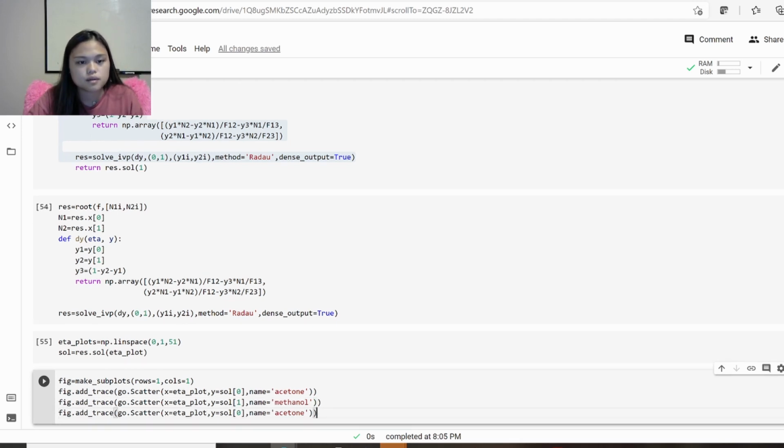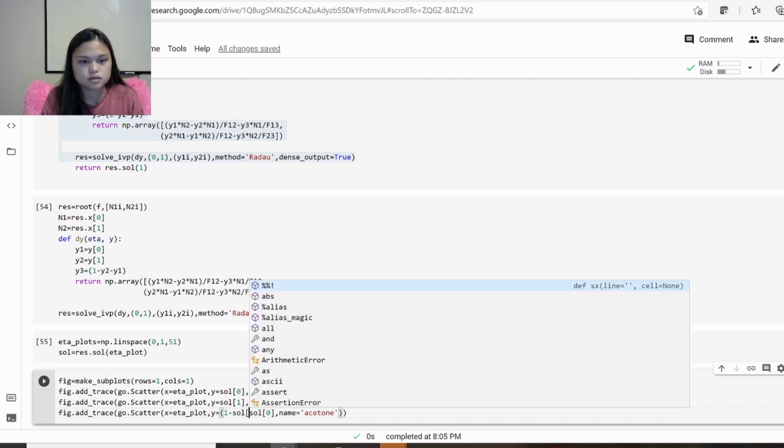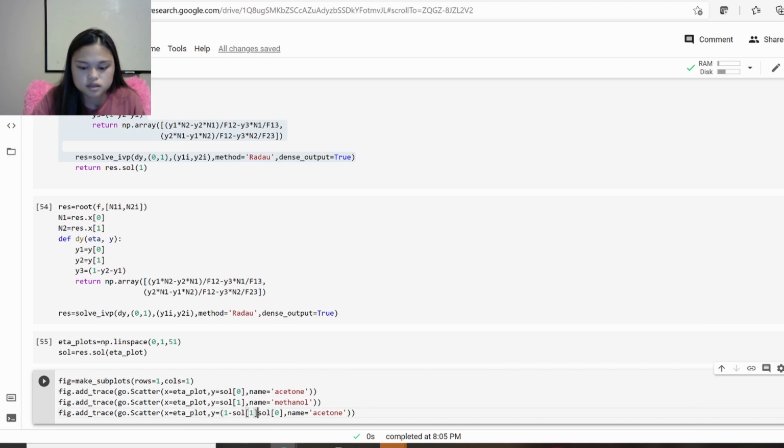Once again, copy paste that, except for this, I'm going to do the 1 minus the, so we already have 0 there, so now we need the 1 for the other index. So the mole fractions of the acetone and then the methanol. So all the mole fractions should add up, for acetone, methanol, and air, to be 1. So that's why we can do this. And then just change this to air.